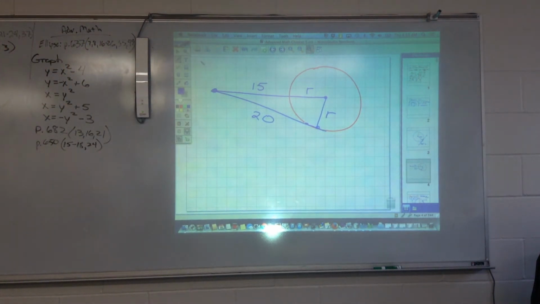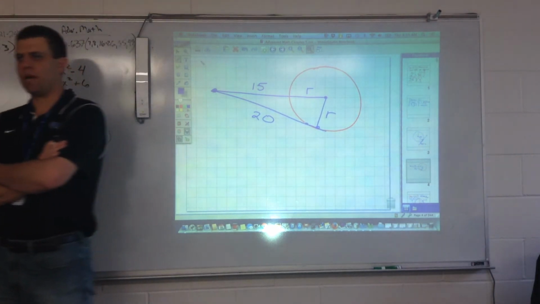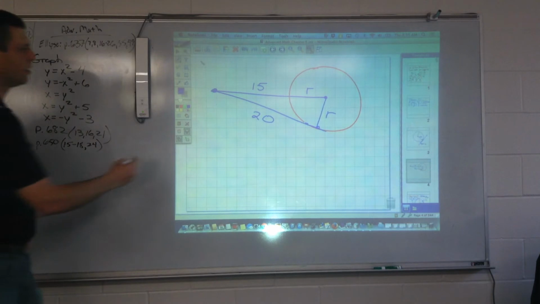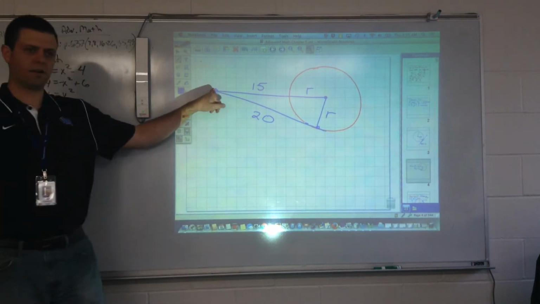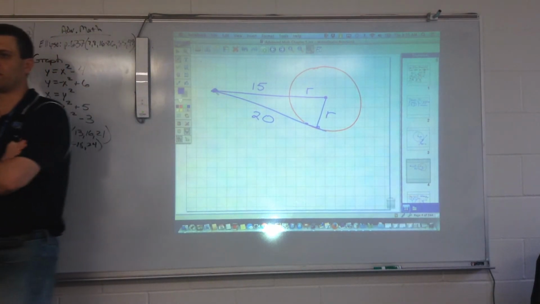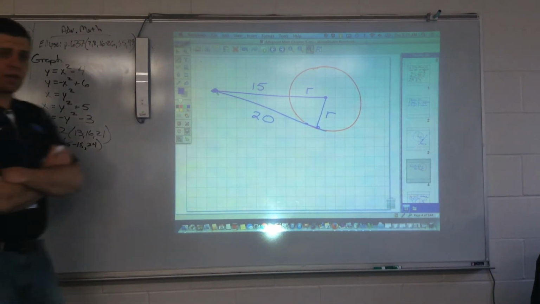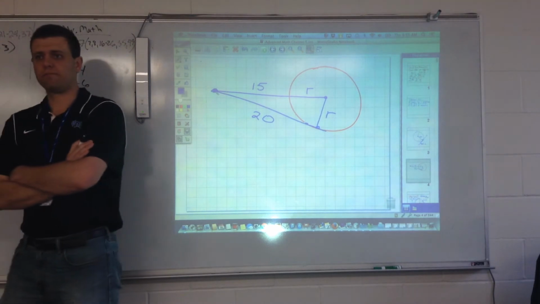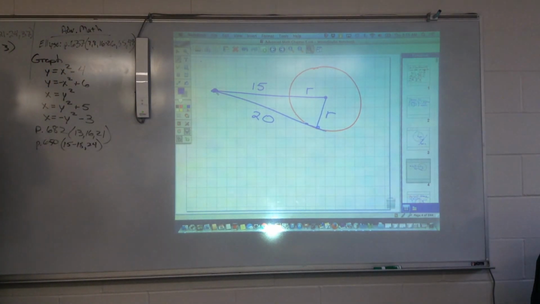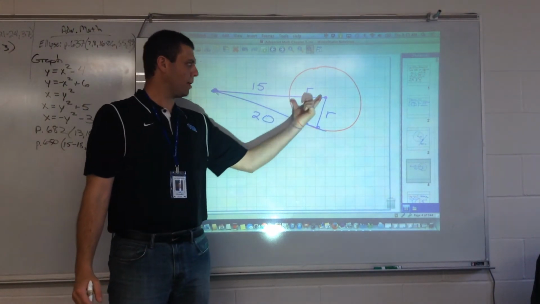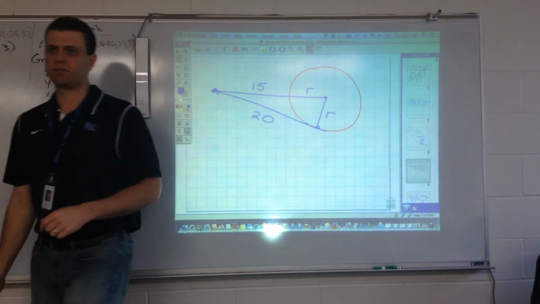Okay, so a little application of this theorem. Let's say the red circle is some planet way out in outer space. And we are located right here with a satellite, or some sort of telescope. We want to know how big this planet is. Well, clearly I am not going to go to the planet and measure what its radius is.